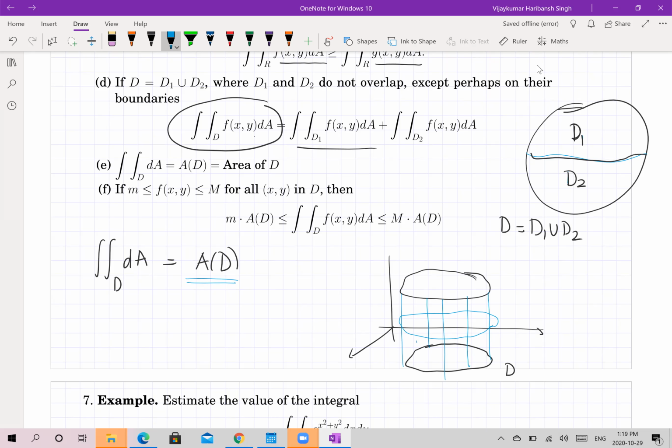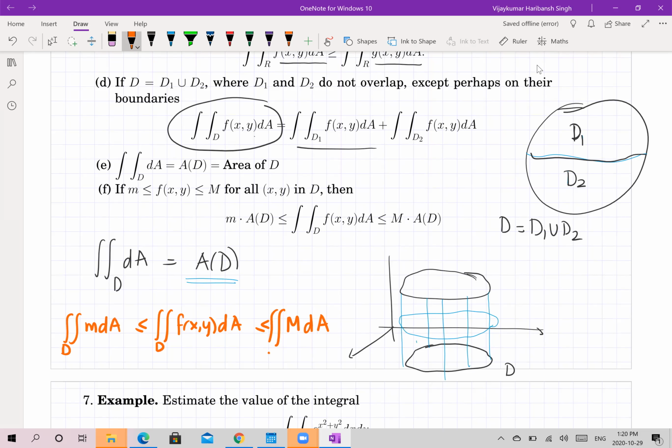Another one is the estimation. So if we take f, the integral of m dA is less than or equal to the integral over region D of f(x, y) dA, which is less than or equal to the integral of M dA.